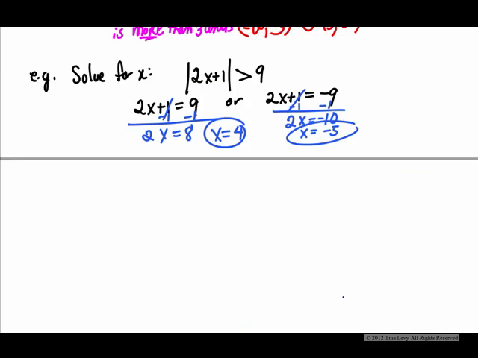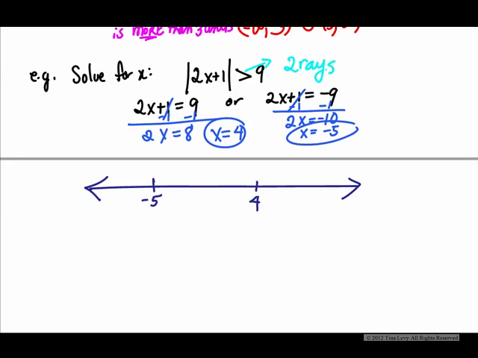Now we put the number line and we put the two values that we got, setting the absolute value equal to the number, and those two values go from left to right, negative 5 and then the 4. Looking at this, because this is greater than, I know I'm going to have two rays, and the two rays go in opposite directions. So clearly one ray goes from negative 5 out and the other from 4.